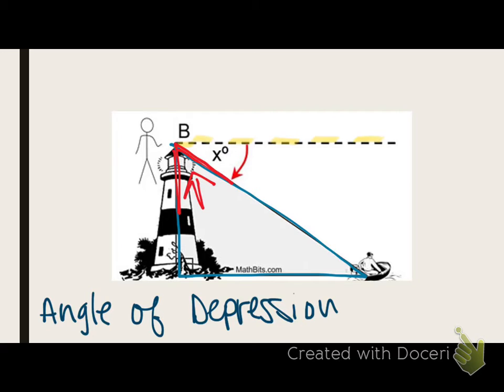Are either of these rays that form this angle that I've highlighted in red horizontal? No, you got a vertical one, you got a diagonal one. That's not an angle of depression. The angle of depression opens downward, and all the time, it will be outside of a triangle unless the triangle is inverted and flips upside down. But for the purpose of what we're doing, it's going to be outside the triangle.